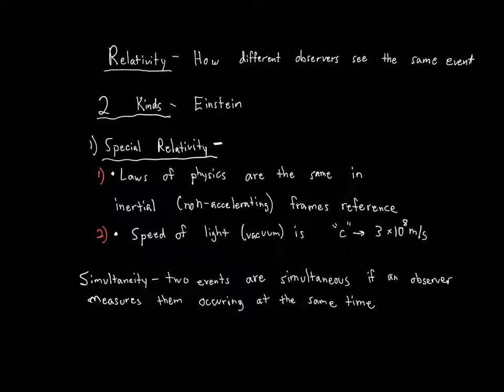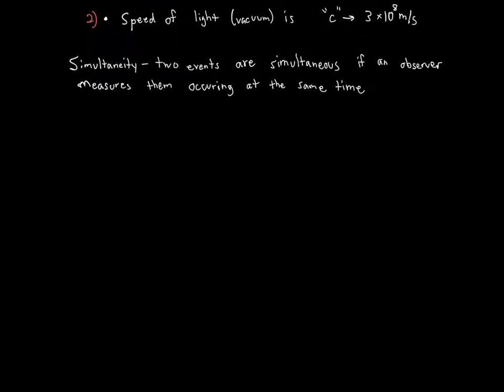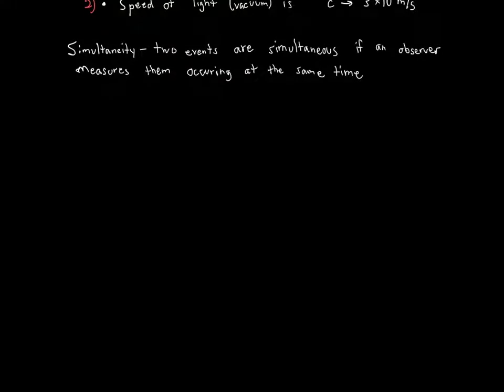Now, some other side effects that we have of relativity, and in particular special relativity. So we know that there's this concept of something called time dilation. Time dilation is basically a result of the above two assumptions for the special theory of relativity.